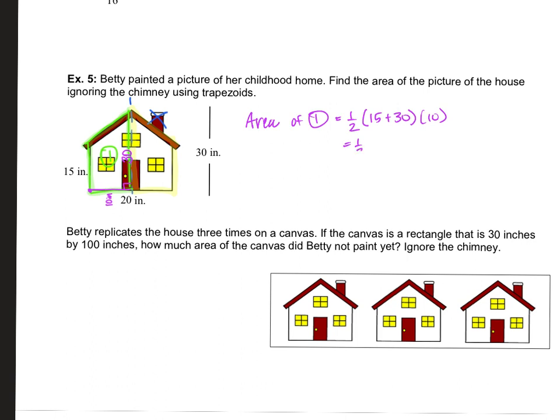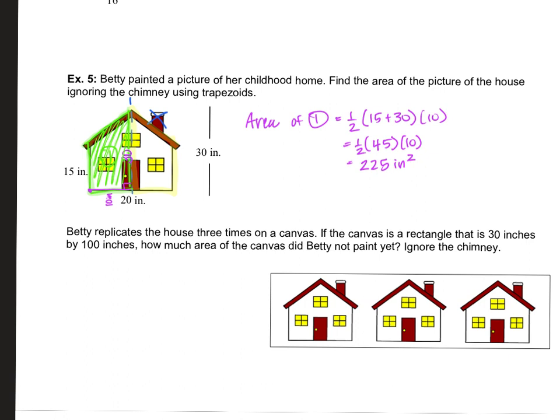So 1/2 times 15 plus 30 gives us 45 times 10. Half of 10 is 5, and 5 times 45 gives us 225. So the area of just that green trapezoid, just this guy right here, was 225.